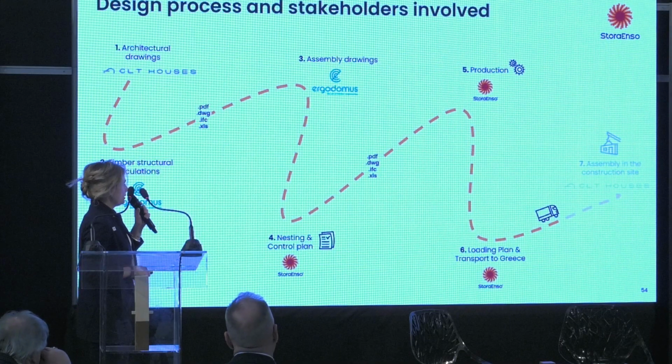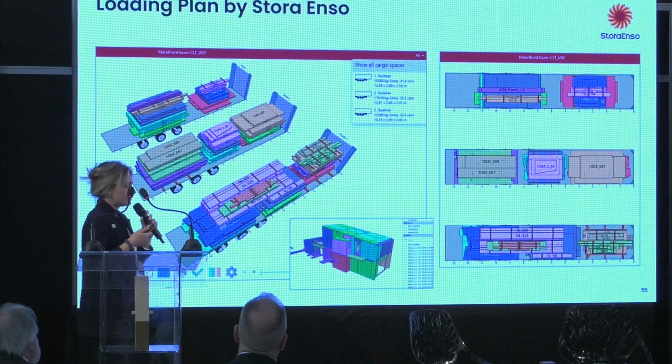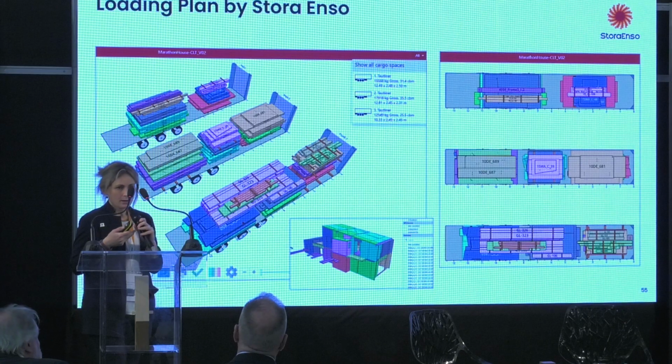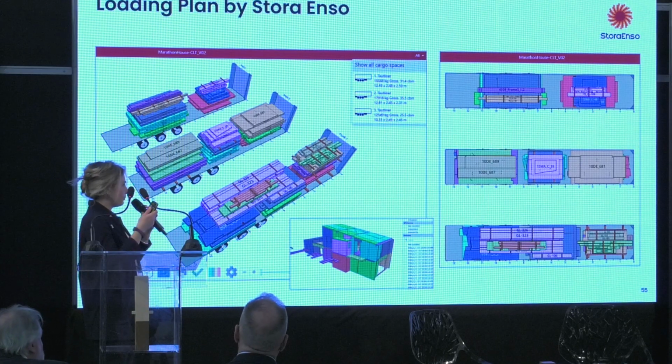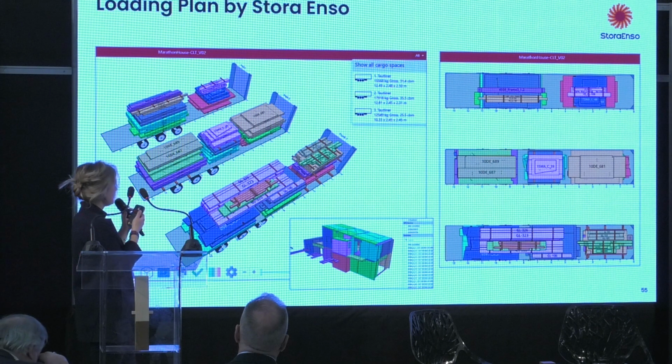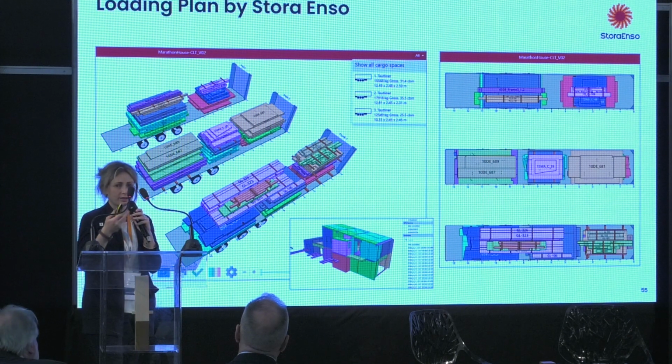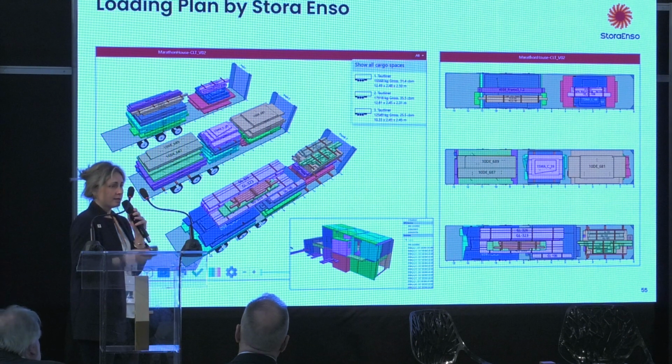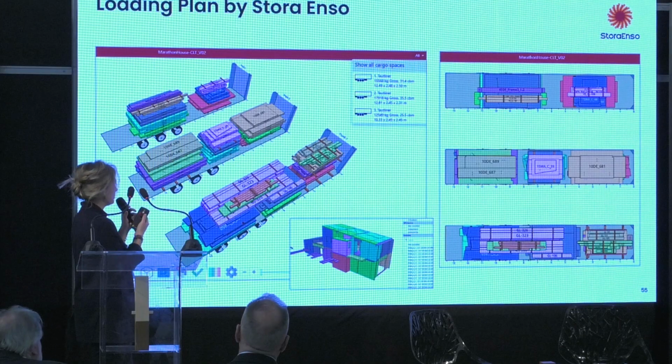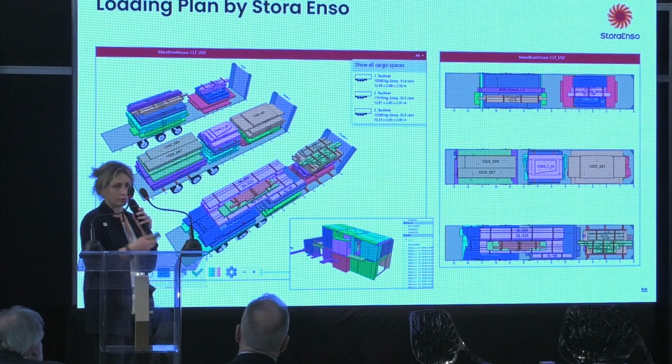Okay. Finally, we create a loading plan. It means that we put together all the elements in the truck. We send to you, to the customer, the loading plan, and the customer can decide whether to accept it or not.